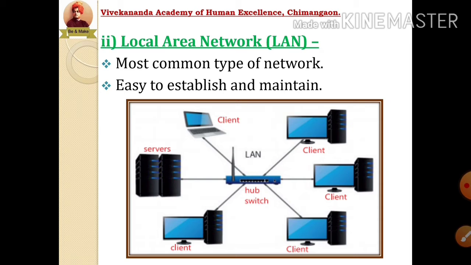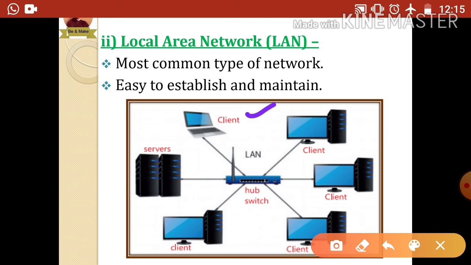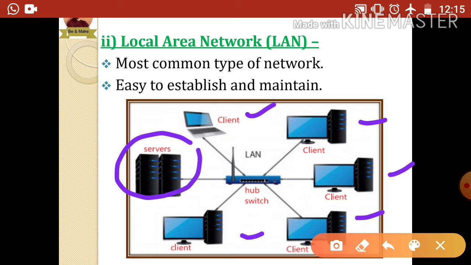Here different clients are connected with each other, and these are the clients, and this computer will act as a server which helps to share all the resources available in a network with the clients, and this is the hub which connects all the computers with each other.